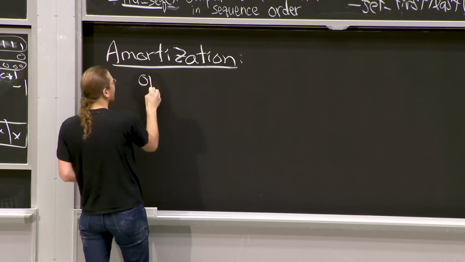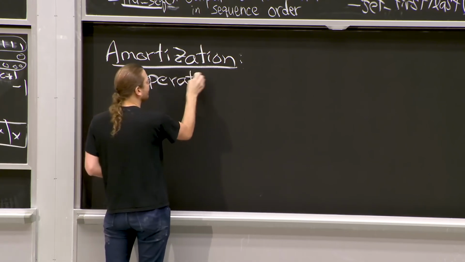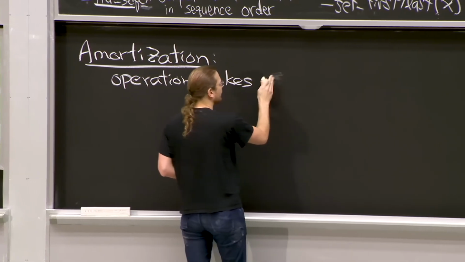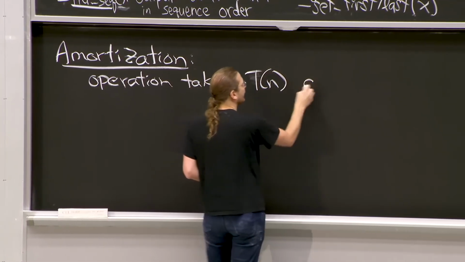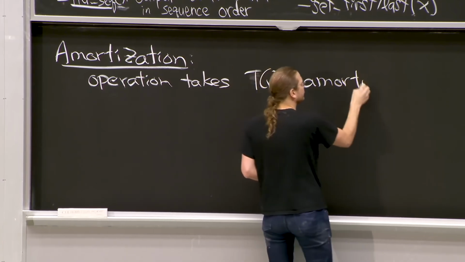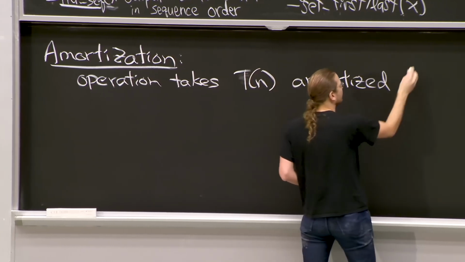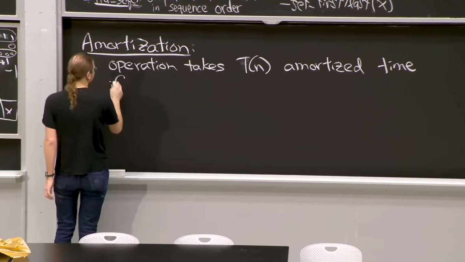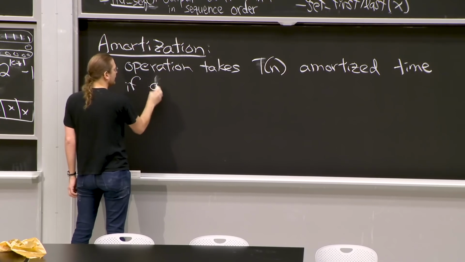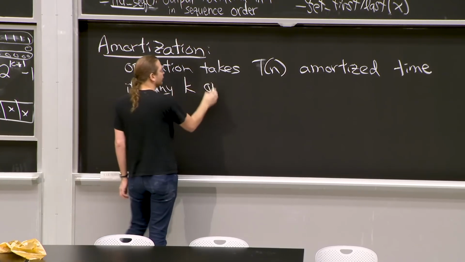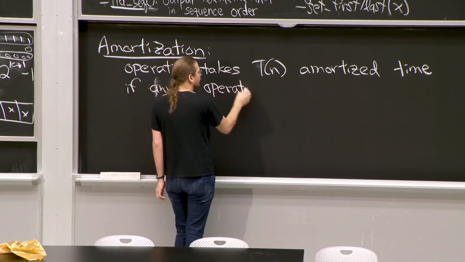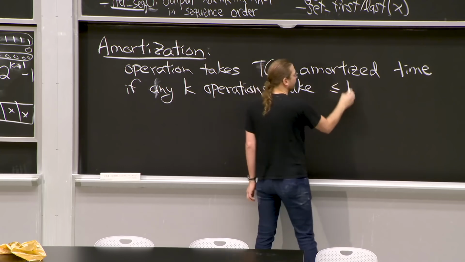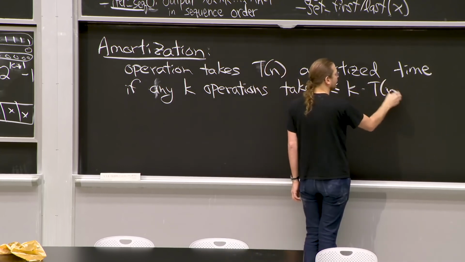So I want to say an operation takes T of n amortized time if, let's say, any k of those operations take at most k times T of n time.